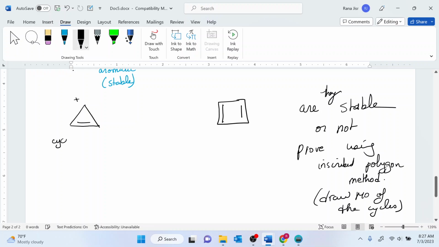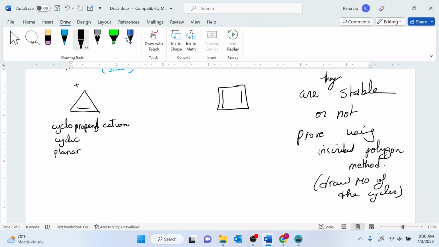So let's start with the cyclopropene cation. The compound is cyclic. It is planar. The cycle has 3 p atomic orbitals.